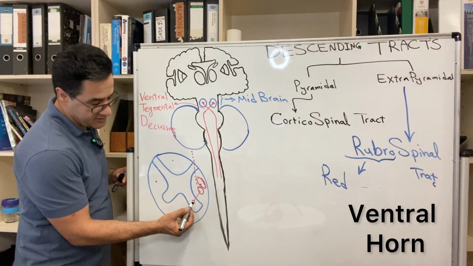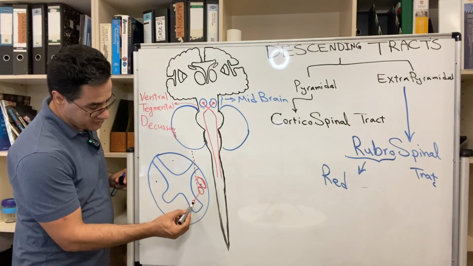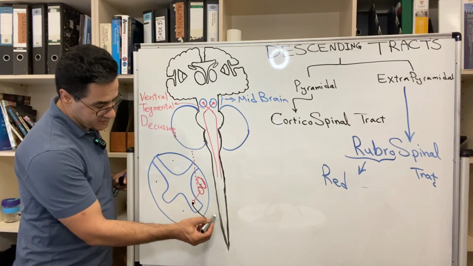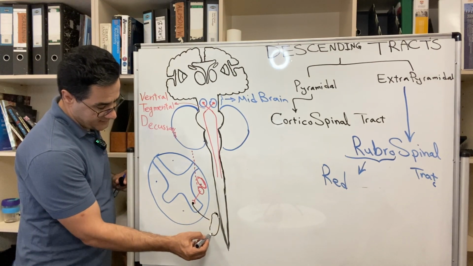This is the cell body of the lower motor neuron. Then the axon of the lower motor neuron exits the ventral horn and passes through the ventral root to get into the skeletal muscles.